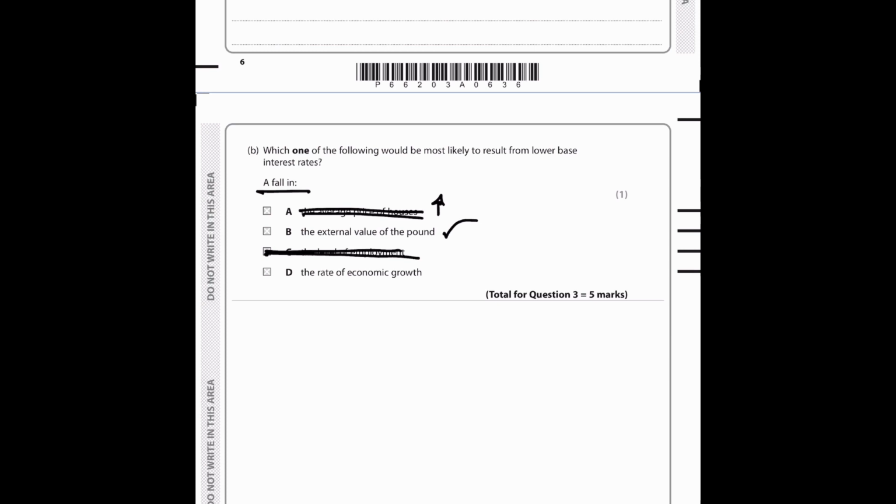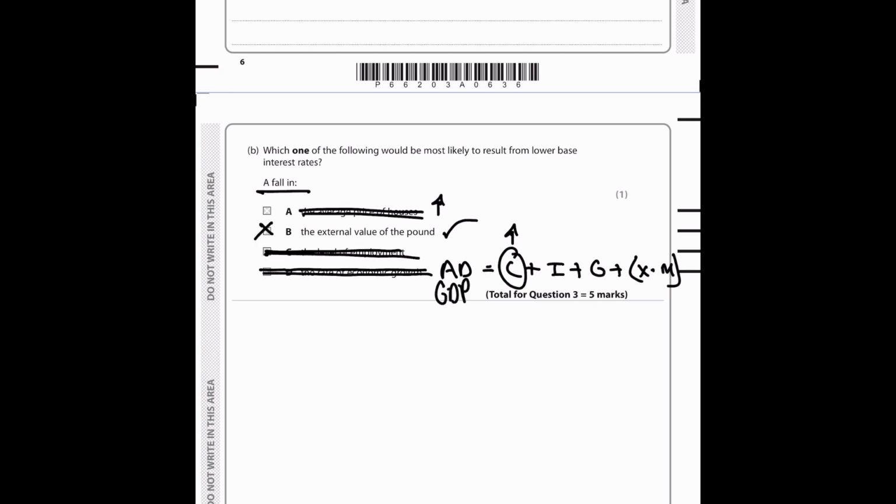The rate of economic growth, well, because there's a fall in interest rate and consumers are spending more, then consumption as a component of AD should rise, which should lead to an increase in economic growth. And because for the UK it's the most significant section of it, it represents around 67% of aggregate demand, approximately, you would end up with an increase in GDP or aggregate demand.